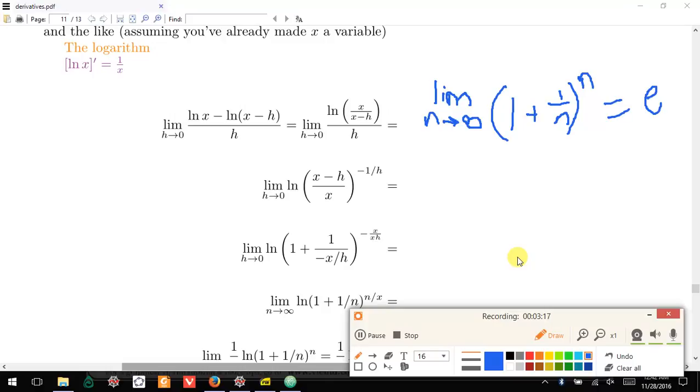Well, for one thing, it would be nice to distribute this division, except that you can't because the thing that's in two pieces is on the bottom and you can't distribute that way. But here's what you can do, you can raise everything to a -1 power and flip it upside down, and then you can distribute.